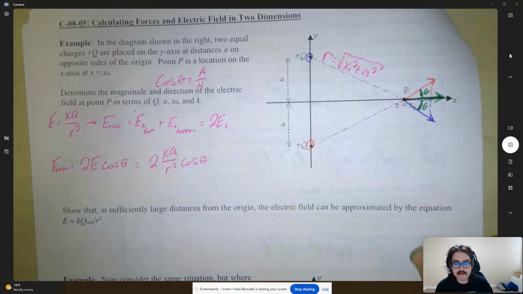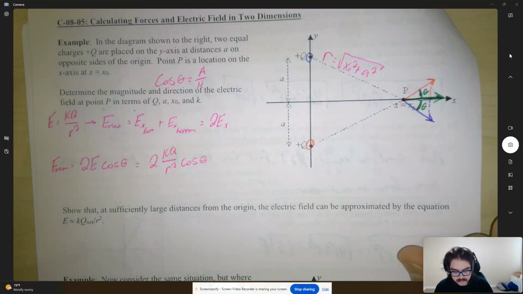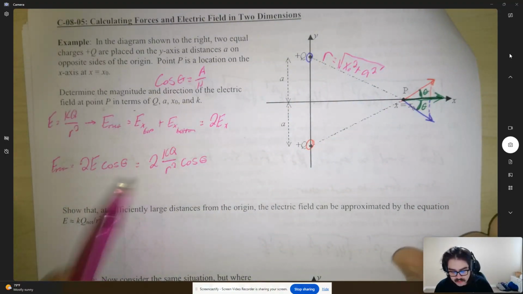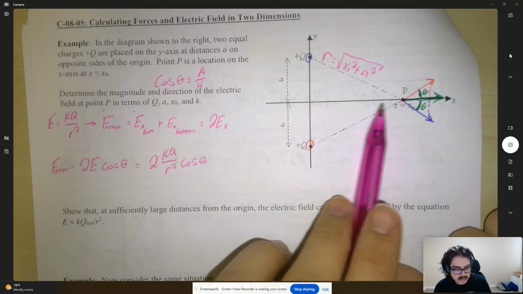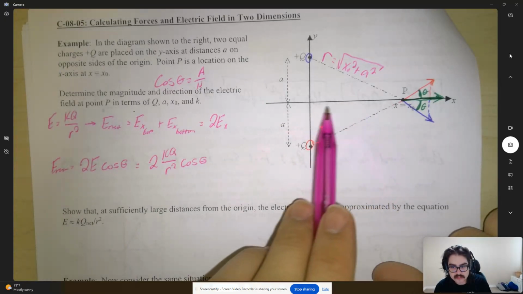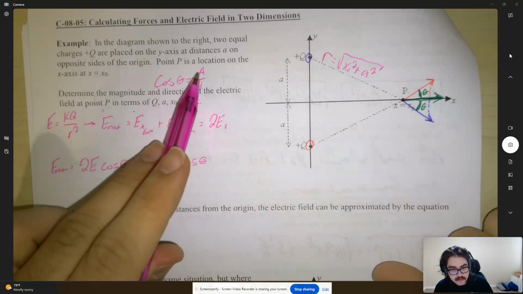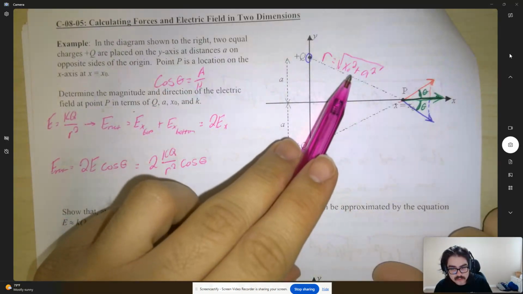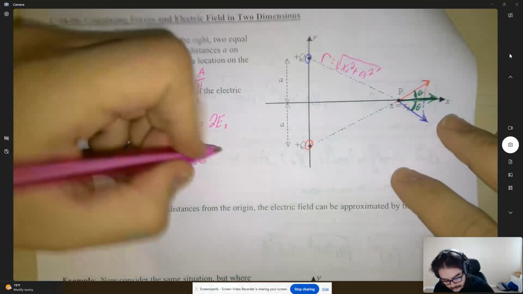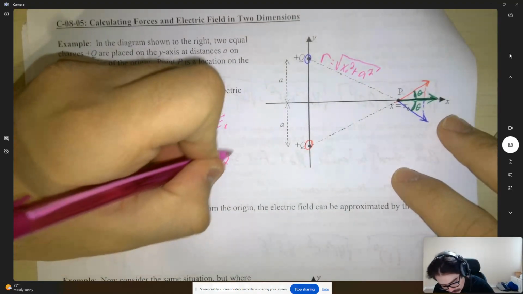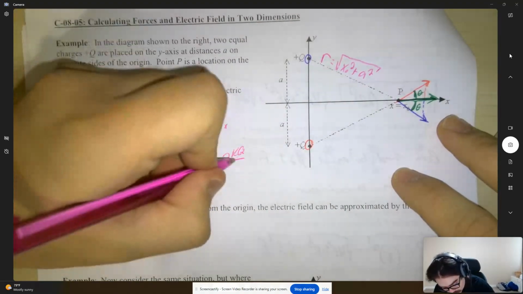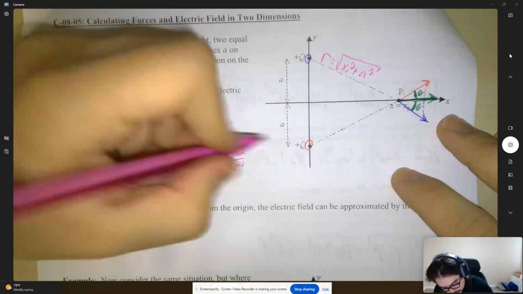Okay. And then the adjacent side is the distance right here, which is just x naught. So I can replace cosine theta with x naught over root x naught squared plus a squared. That would be perfectly fine because they're equivalent. Okay, that's a trig identity.